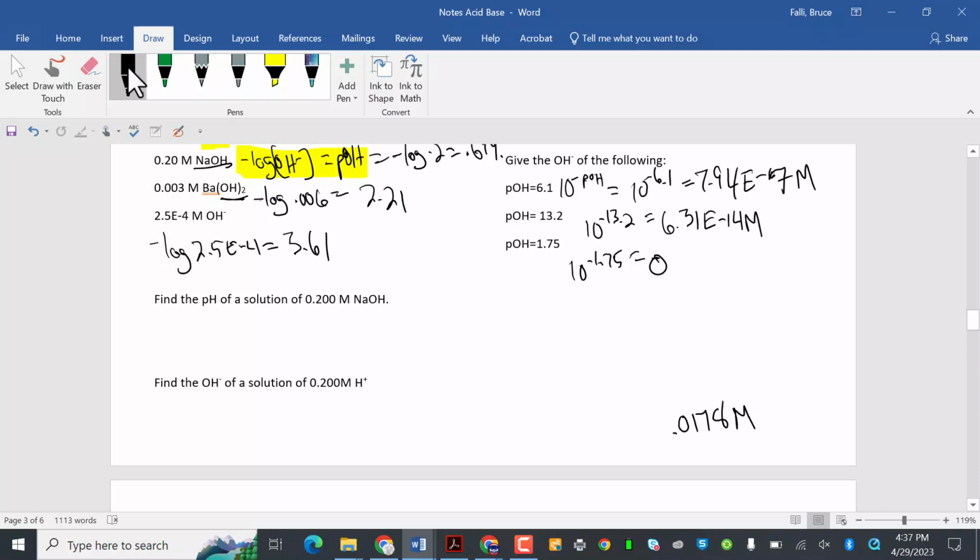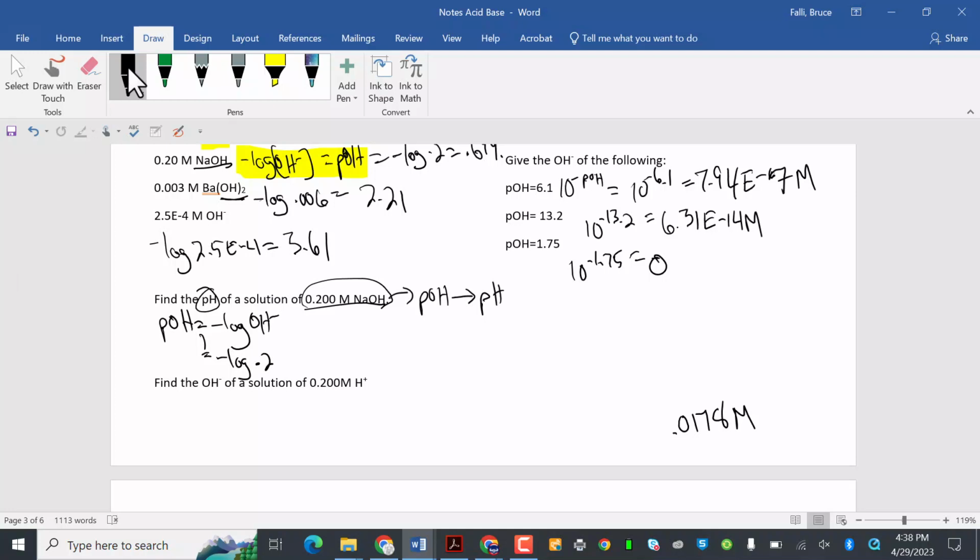Okay, now we get a little bit trickier than that. Find the pH, that's the acid measure of a base. So if I have a base, if I have NaOH, I'm going to first convert that into pOH. Then once I get pOH, I'm going to convert that into pH. So pOH equals negative log of OH negative. That's negative log of 0.2.